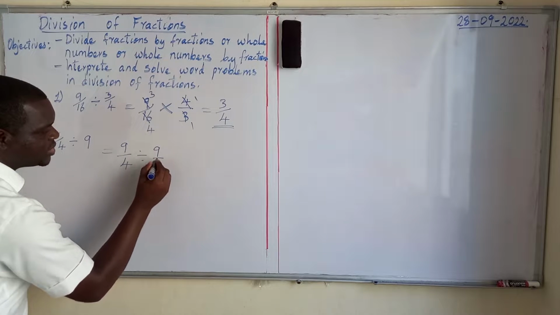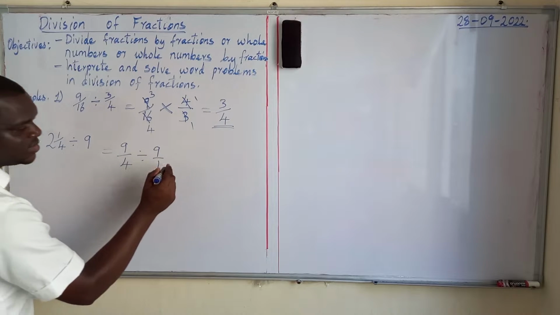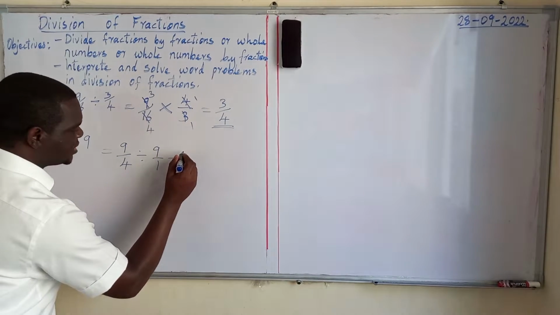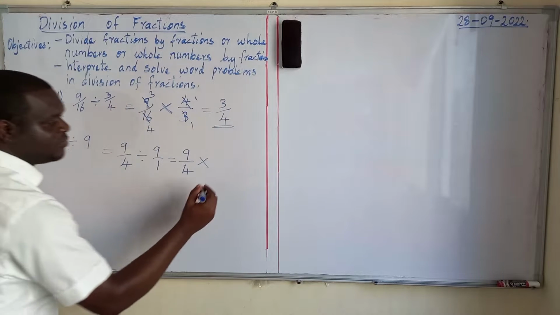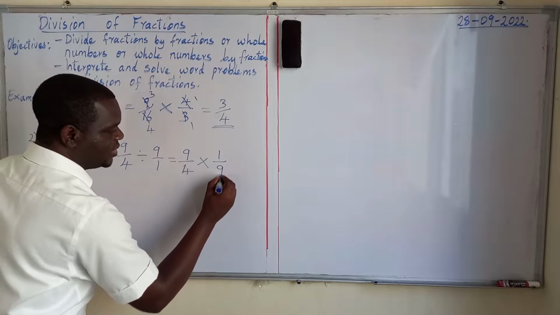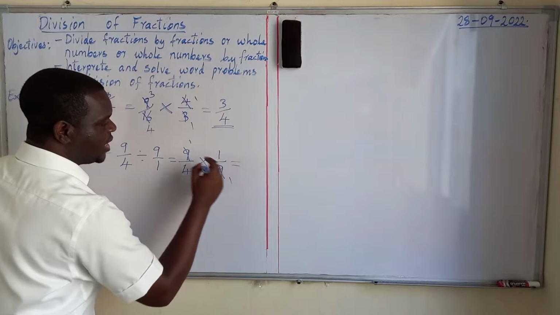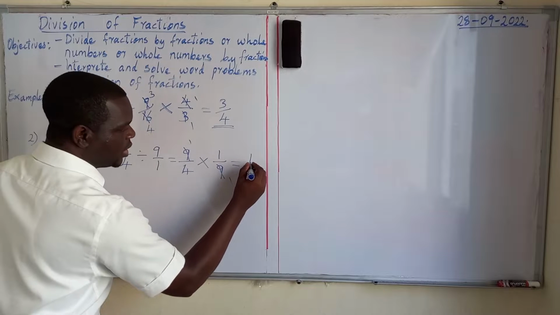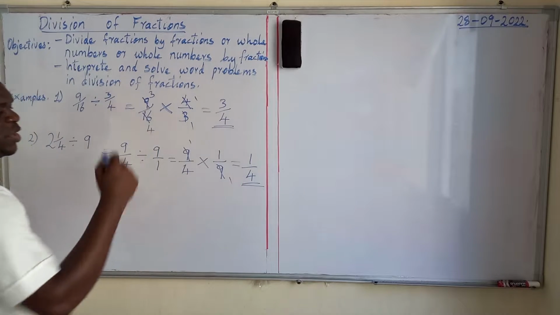You change the whole number to a fraction, which means you express it over 1. The sign is still division, so we change the sign as well. 9/4, you change the sign and invert the second fraction, it becomes 1/9. And 9 and 9 will divide themselves one time. Our answer will be 1 times 1, which is 1, over 4 times 1, which is 4. So our answer will be 1/4.